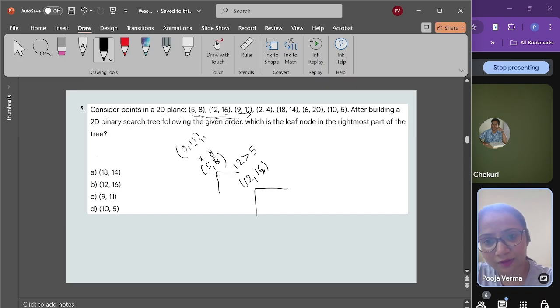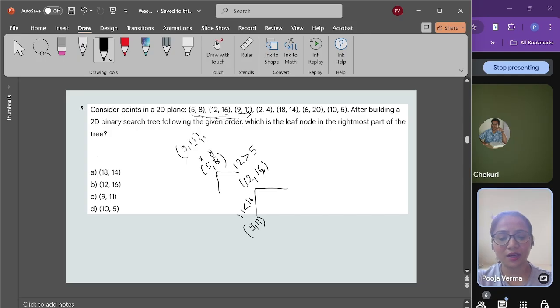So 16 is greater than 11, which means it will go on the left side.